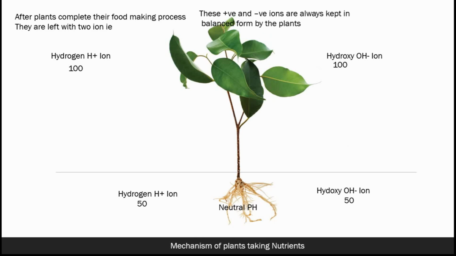These positive and negative ions, whether hydrogen or hydroxy, are always kept in balanced form by the plants in the root as well as in the stem. So the count of hydrogen and hydroxy ions is the same in stem and root as well.